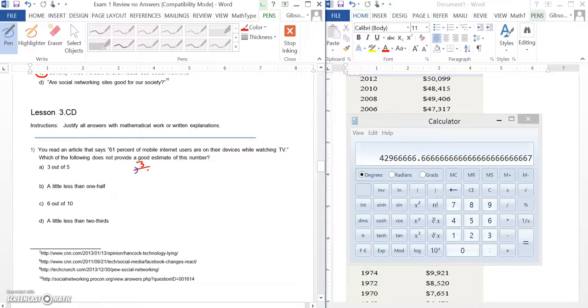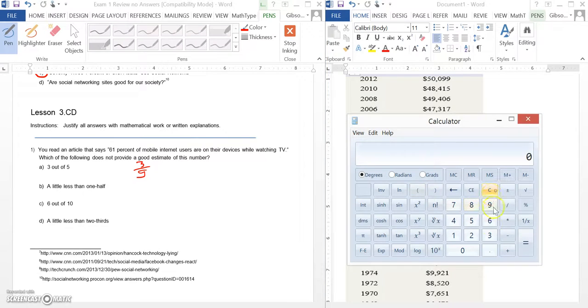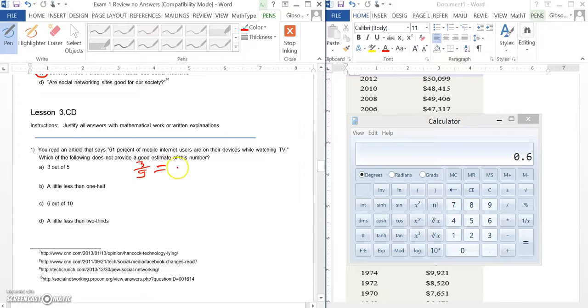We know 3 out of 5 really means 3/5, which in a calculator is 0.6. We move the decimal 2 places to the right, so that's 60%, which is close to 61%. It says a little less than 1/2. We know 1/2 is 0.5, and a little less than that is significantly lower than 61%.